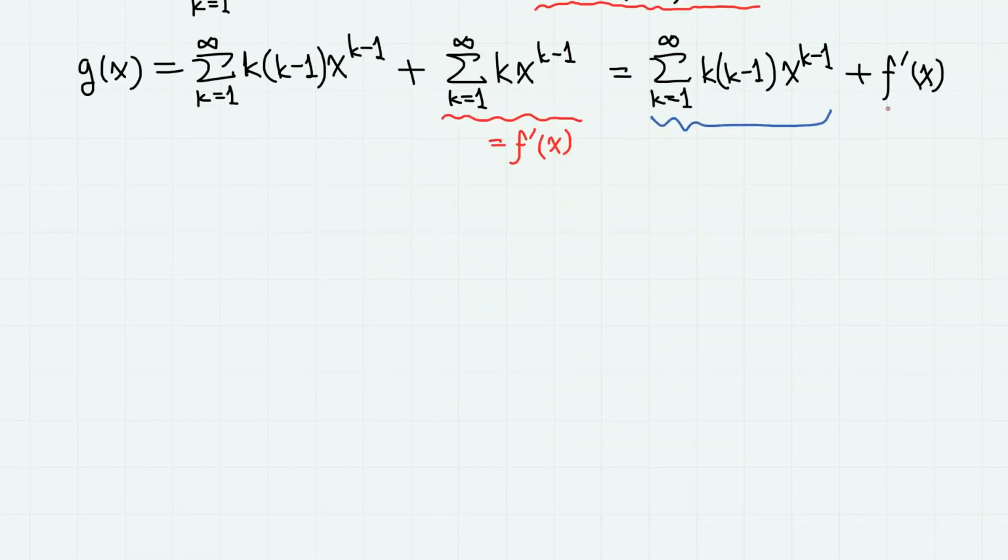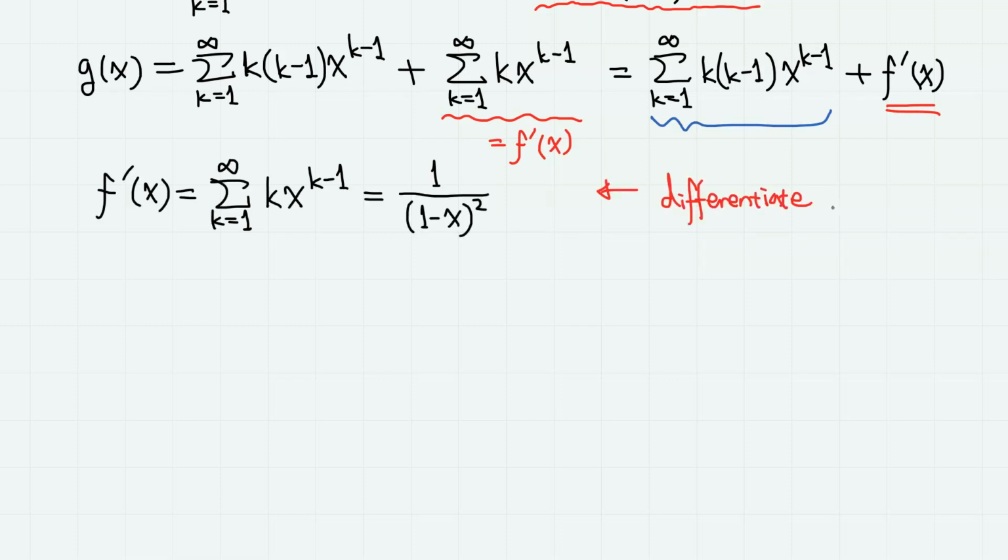Here, recall that our derivative f prime x was given like this. If we differentiate our given derivative again, we have f double prime x equals sigma k times k minus 1 times x to the power of k minus 2. And we can start the summation from k equals 2 because k equals 1 just gives 0.